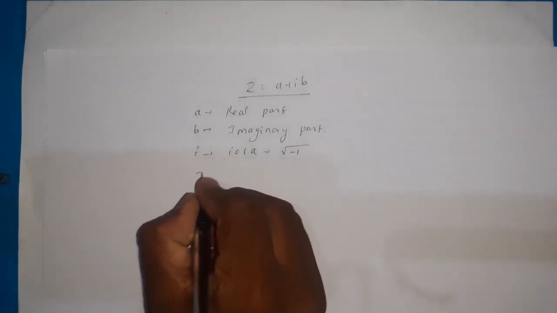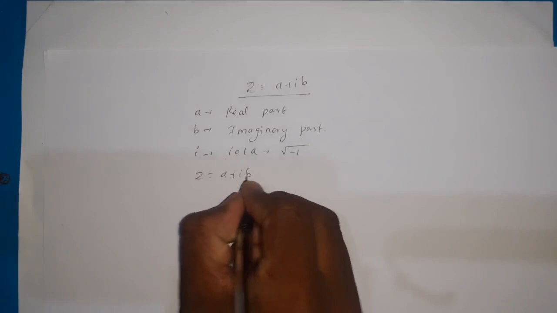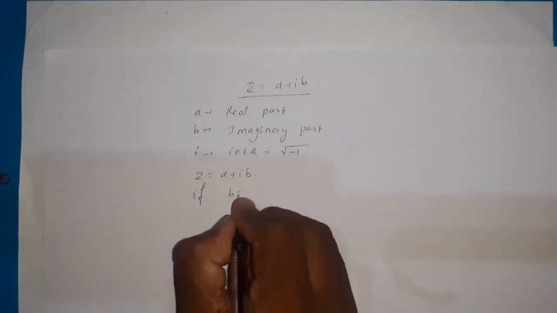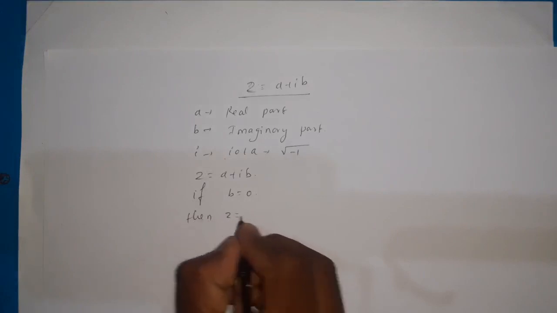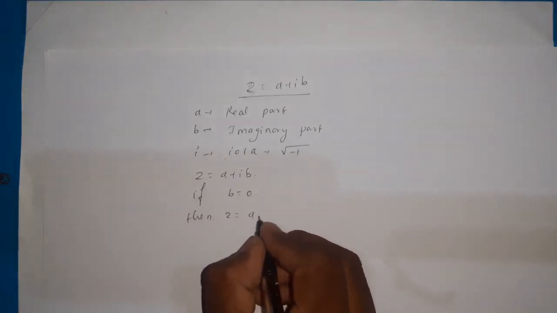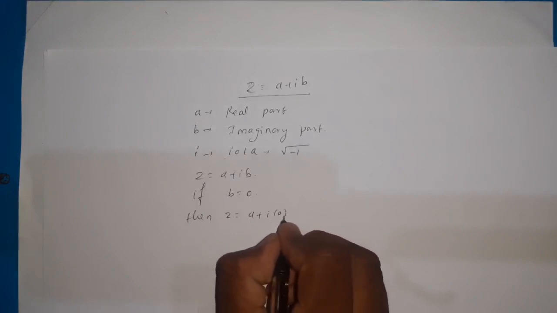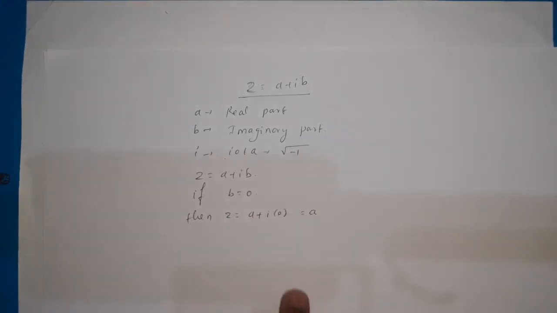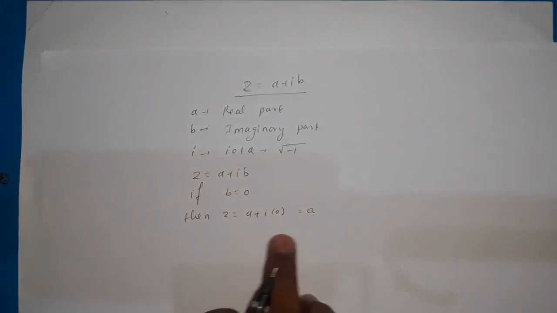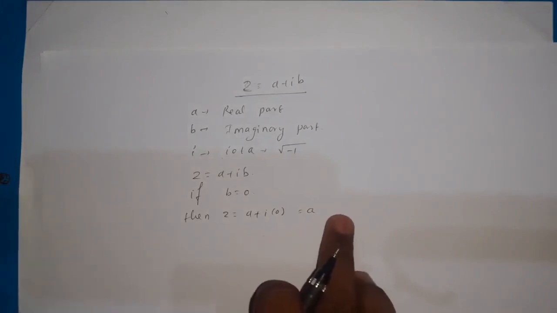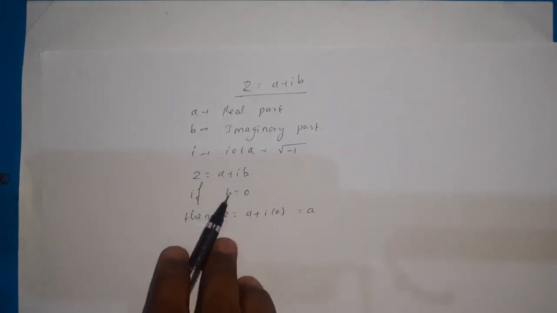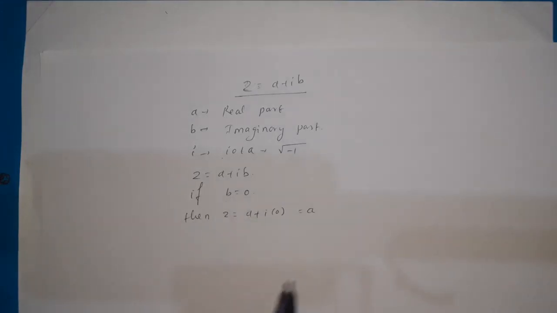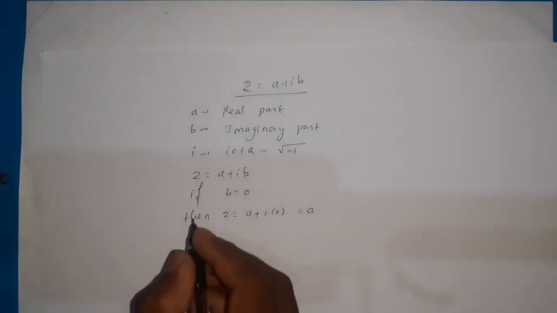In z equal to a plus ib, if b is equal to 0, then z becomes a plus i into 0, which is equal to a, meaning this complex number does not contain the imaginary part because it is only the real part, a. Therefore, if b is equal to 0, then z is a purely real number.